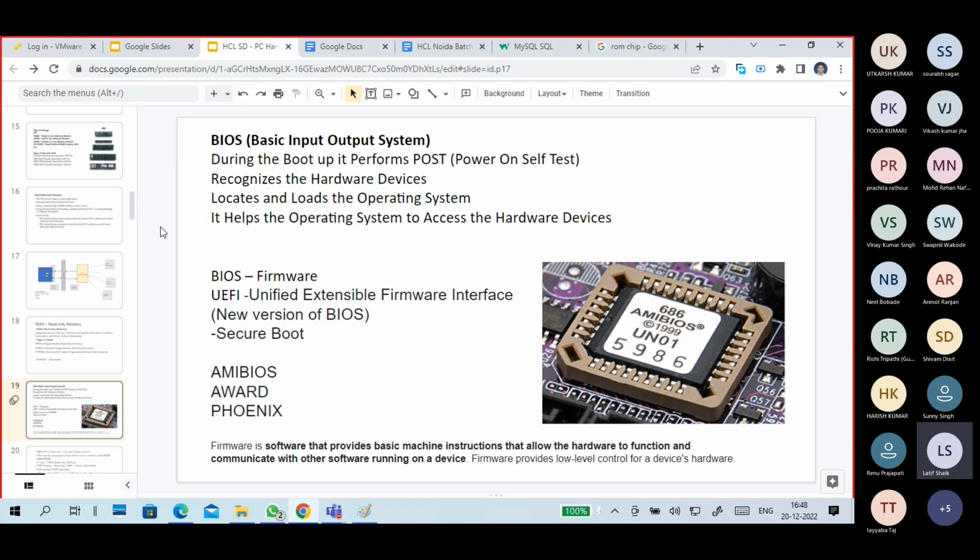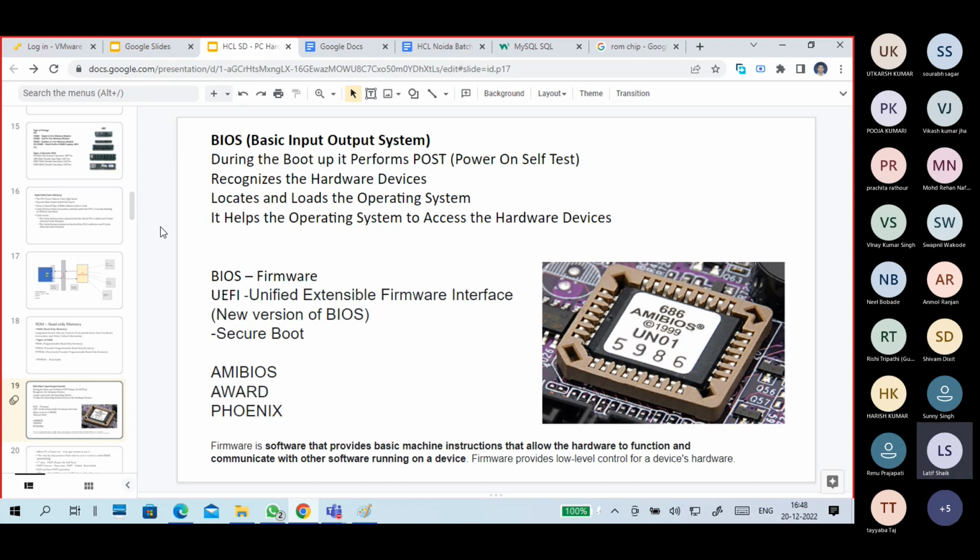So what is the use of this BIOS? When you start your computer, the BIOS chip tells how to start your PC. It helps you to boot your system. During boot up, it performs the power on self-test.